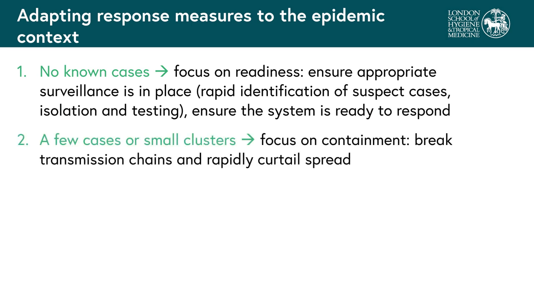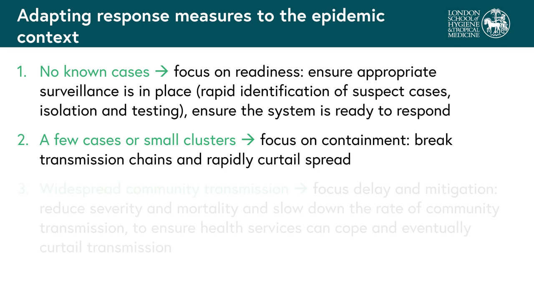Secondly, when a few cases or clusters of cases are detected, the focus is on rapidly breaking transmission chains and containing the outbreak. This is done through meticulous contact tracing, self-isolation, and other social distancing measures, as well as ensuring suspect cases can be rapidly identified, isolated, and tested.